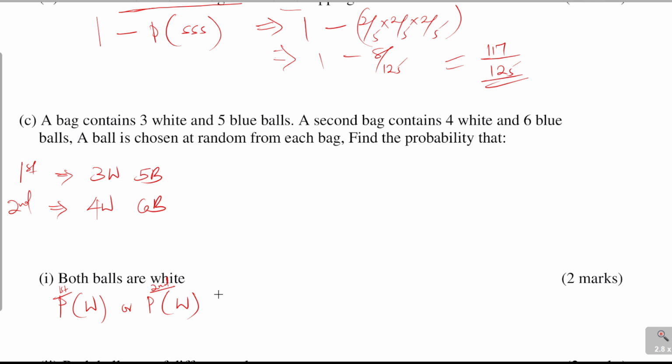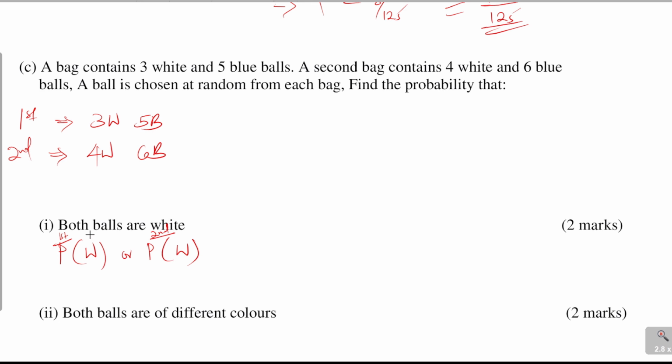So the probability of picking a white from the first bag is, the whites are 3, so it will be 3 divided by the total number of balls, 3 plus 5, that will be 8. Or in probability, remember that the law, this is addition. Then probability of white from the second bag. How many whites are there in the second bag? There are 4, out of the total balls that are there, 4 plus 6, that is 10.